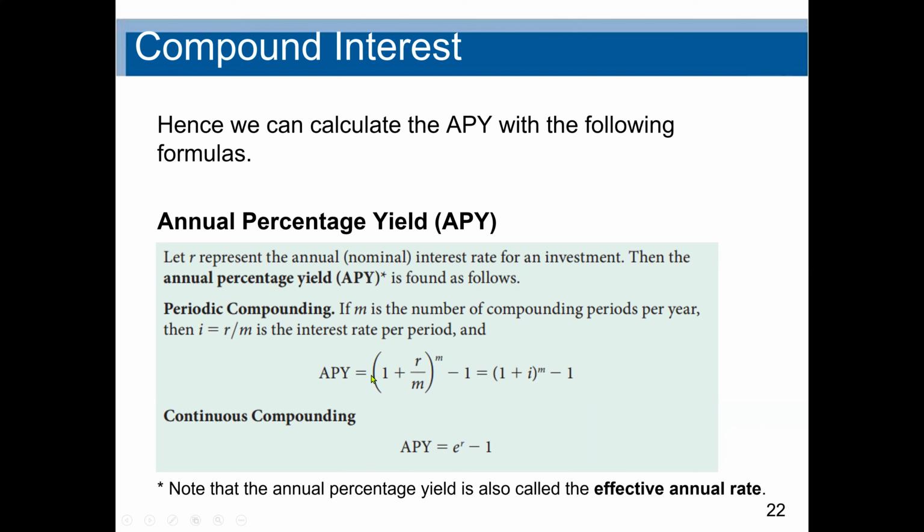So APY will be 1 plus R divided by M to the power M minus 1, which is 1 plus I to the power M minus 1, because R by M again is I. Now for continuous compounding, APY will be e to the power R minus 1, because again P is 1.